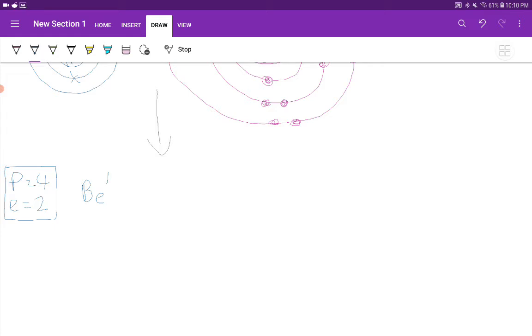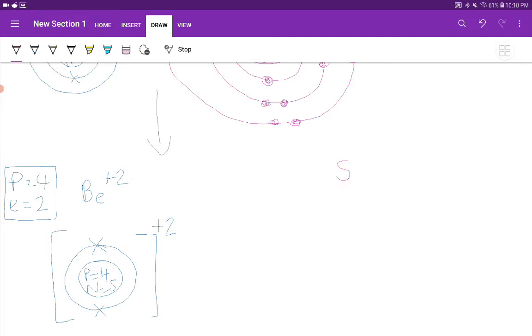So the charge is going to be +2. Okay? So in drawing your ion, remember, square brackets. There's only one shell, and that shell has 2 electrons. And we go ahead and we put in our nucleus, 4 protons and 5 neutrons. And remember, we put our charge there as well. Charge is +2.